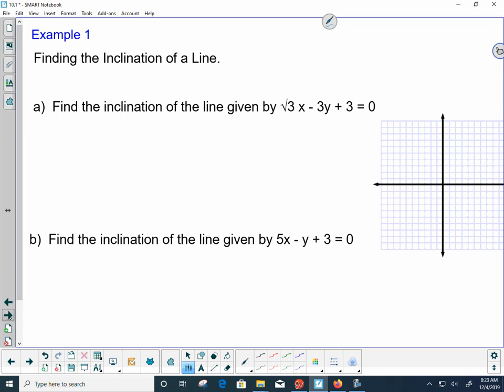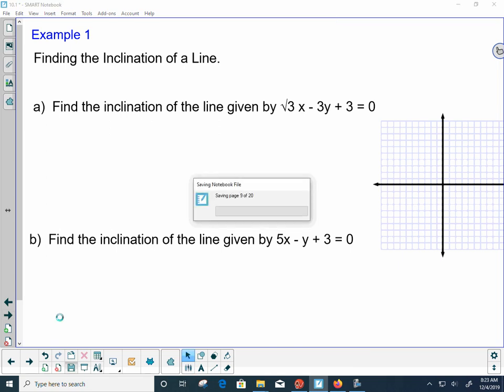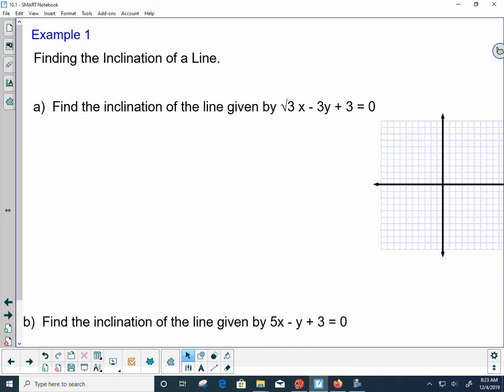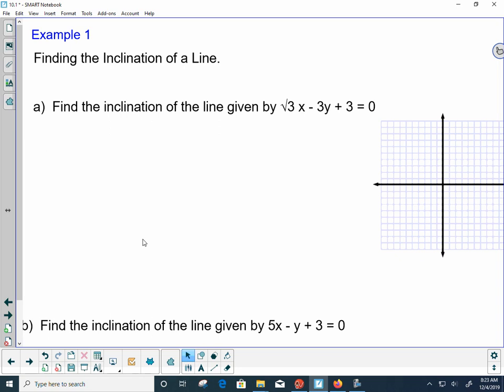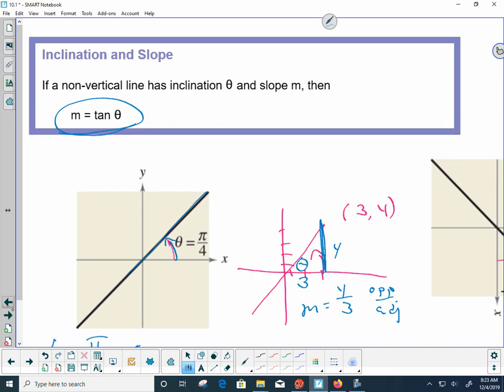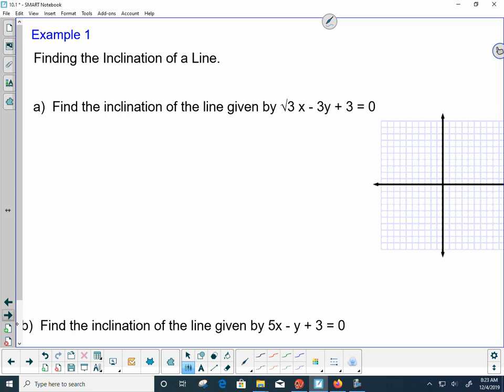So let's start with two problems. The first one: I have the square root of 3 x minus 3y plus 3 is equal to 0, and I'm asking you to find the inclination of the line. So the first thing I have to do is find the slope, so I'm going to put this in y-intercept form.